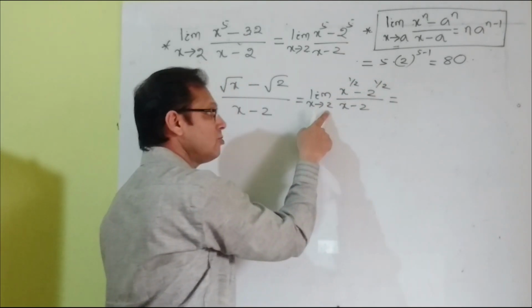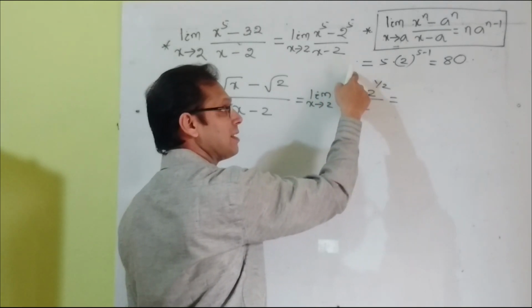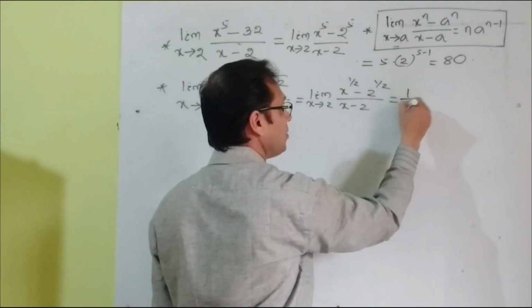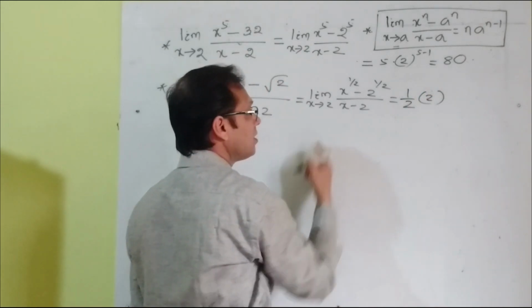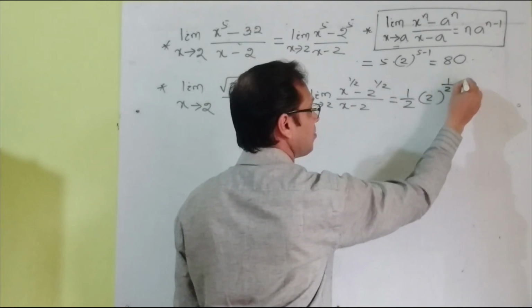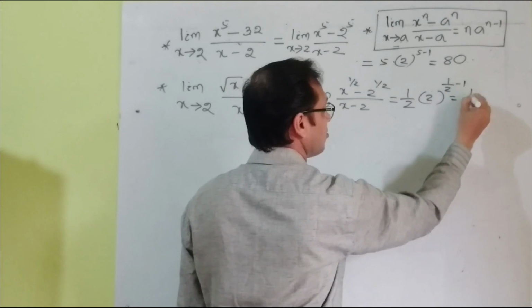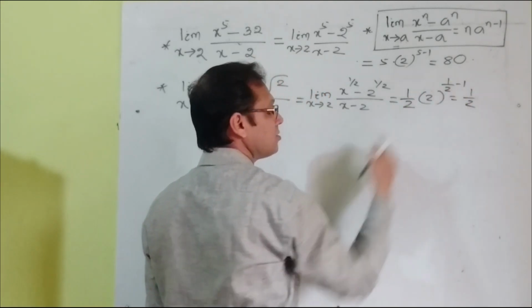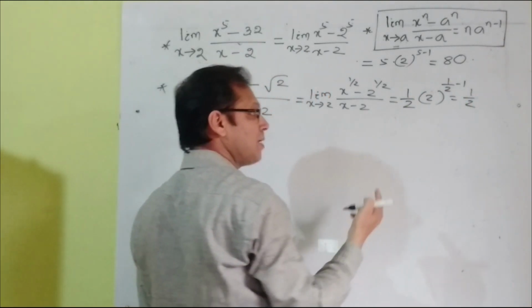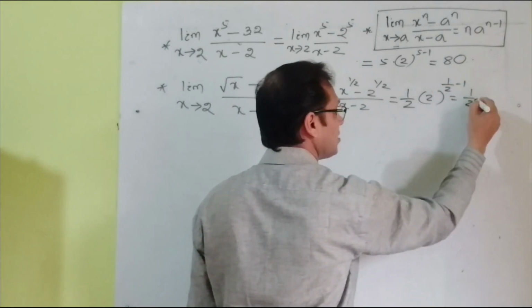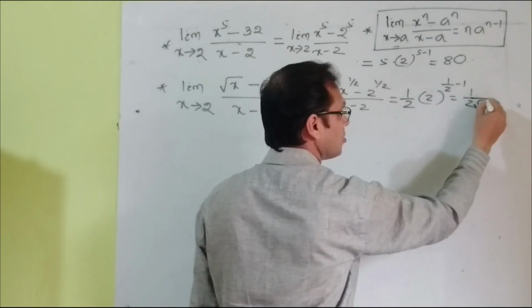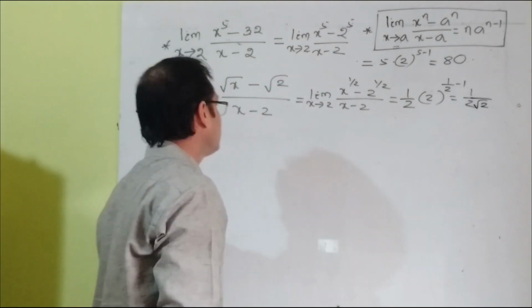Here a is 2, n is half, so half into 2 to the power n minus 1, that is half minus 1. 2 to power half minus 1 is how much? Half minus 1 is minus half, and 2 to power minus half is nothing but 1 by root 2, that is 1 by 2 root 2, your answer.